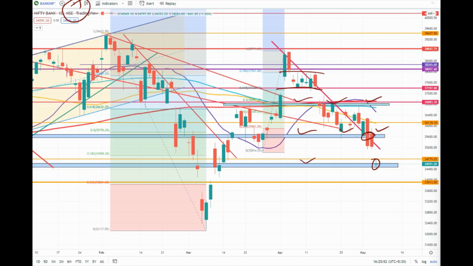Even from a daily time frame chart, you can see that the market may remain sideways for a day or two, or else if there is a gap down, it may try to test the level 33,913, and from there it can look for reversal, or a breach of this level cannot be ruled out, considering that this high is lower than the previous high.